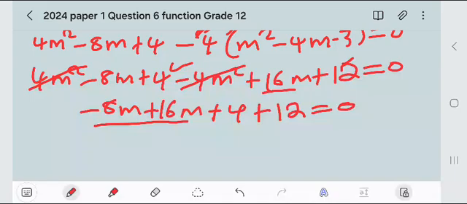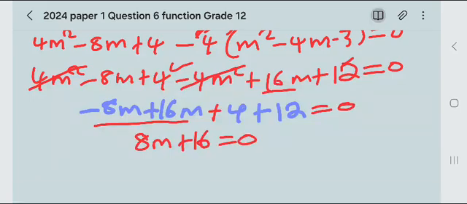This minus 8m plus 16m will simply equal 8m. Then you add these two, 16, so plus 16, equal to 0.